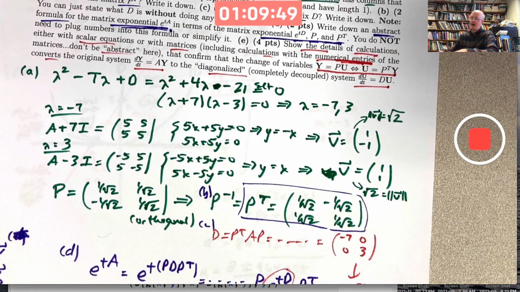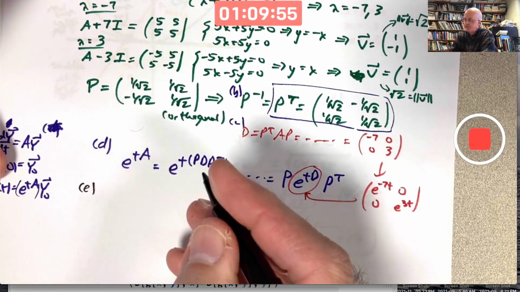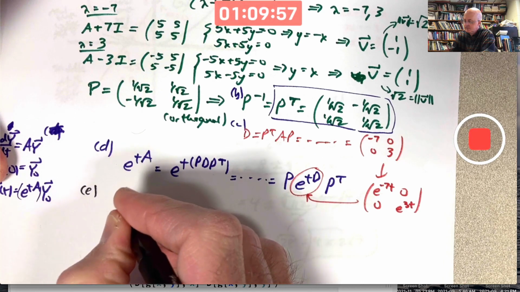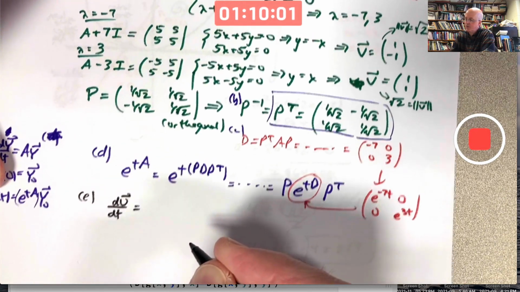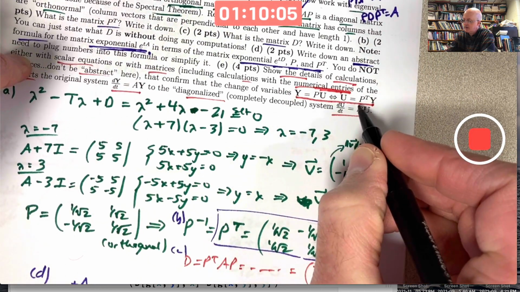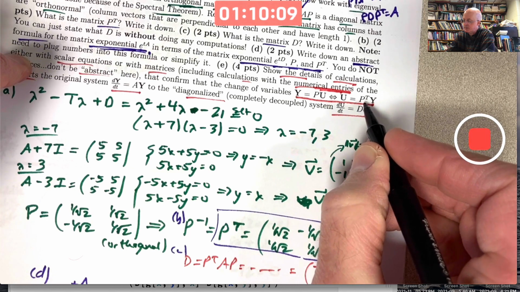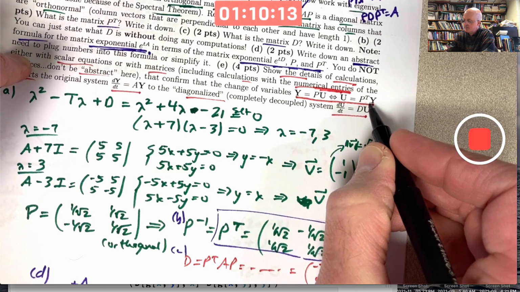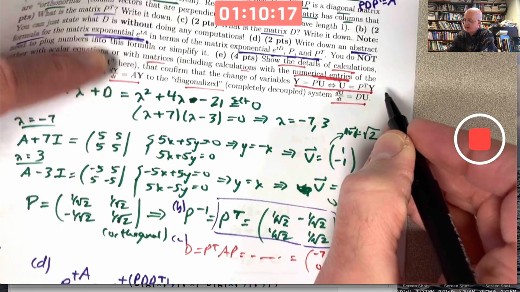Actually, let me do the abstract calculation first, even though that's not what's requested. du/dt, where u is defined by these equations, you can think of it either way. And again, P is orthogonal, so P transpose is P inverse. In general, this would be a P inverse there. Well, by this equation, P and P transpose are constants, so you just differentiate the y.